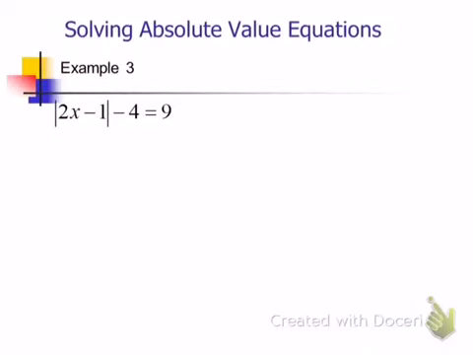All right? We have to get the absolute value part by itself before we can apply the definition of absolute value. At this point, I'm not ready to split this because I don't have the absolute value equals something. Right? So just like when we solve radical equations a little bit later, we want to get the radical expression by itself so we can get rid of the radical.